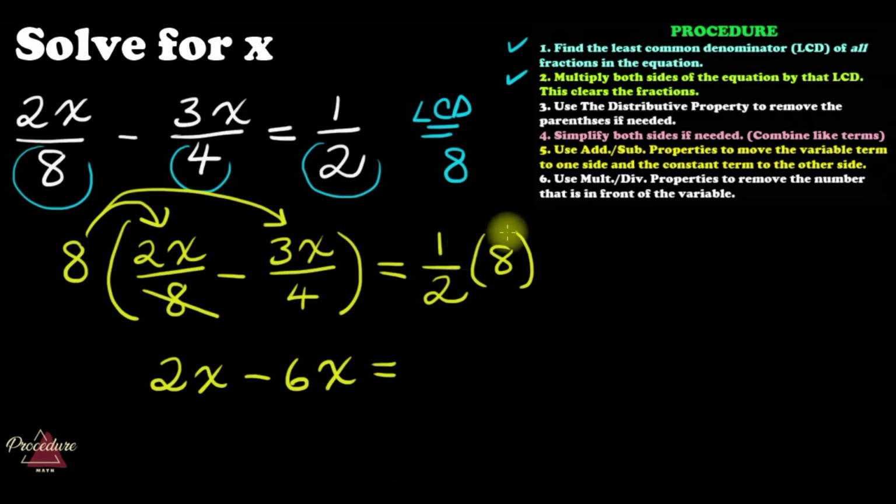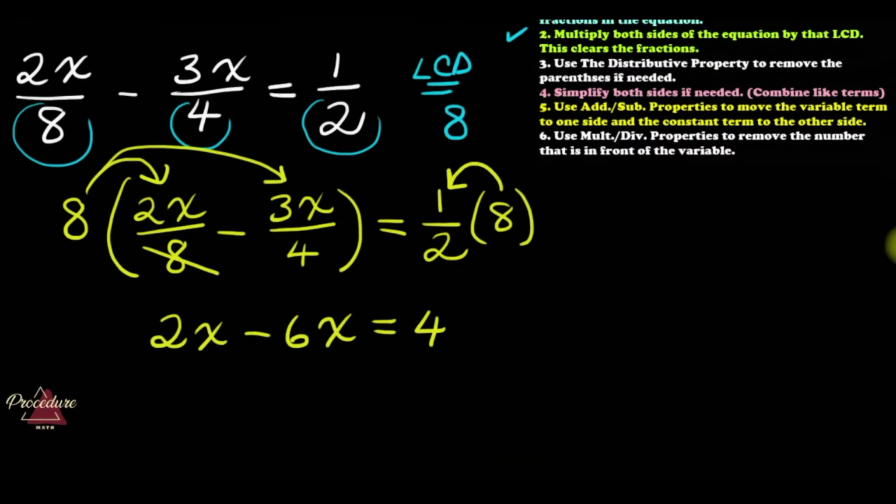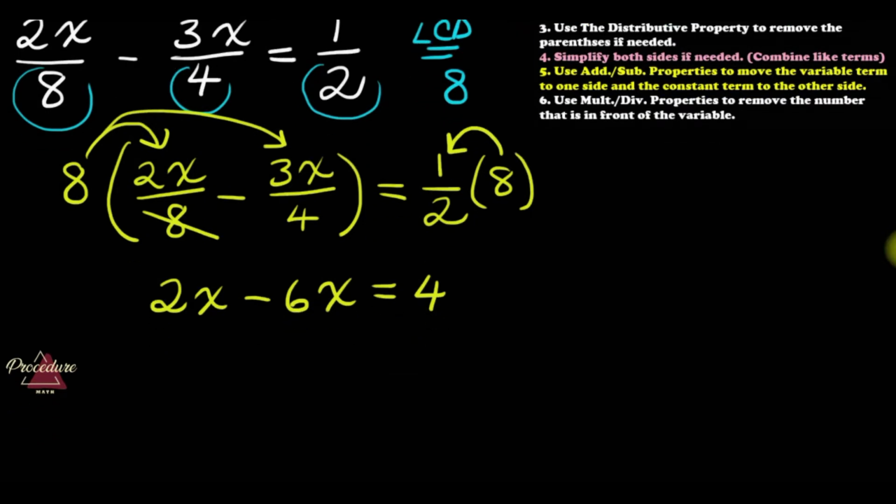Here, half of 8 gives you 4. So that's step 2, getting rid of the fraction. Now step 3 is to use the distributive property to remove the parenthesis. There's no parenthesis, so we can skip step 3. Step 4 is to simplify.